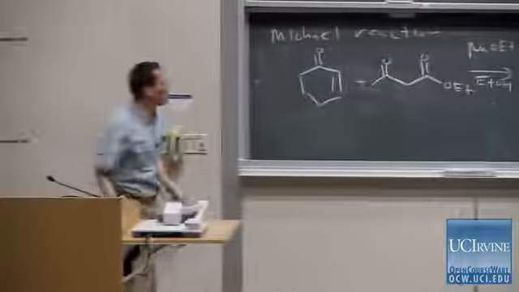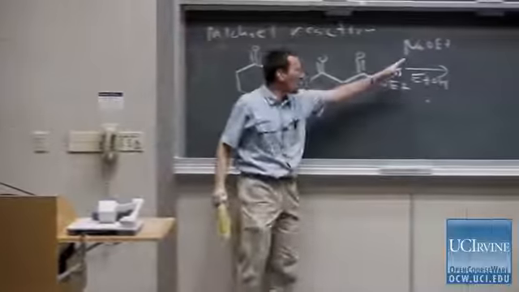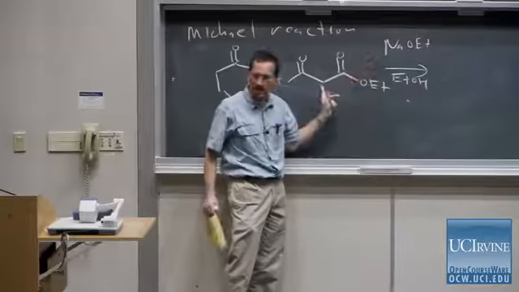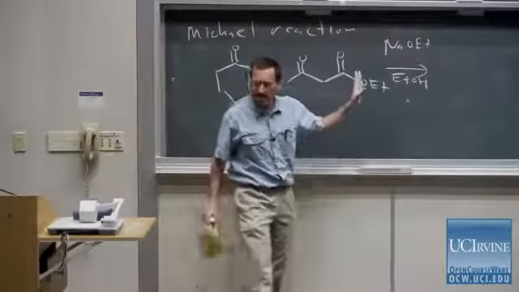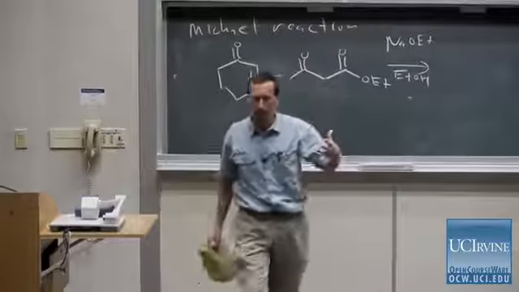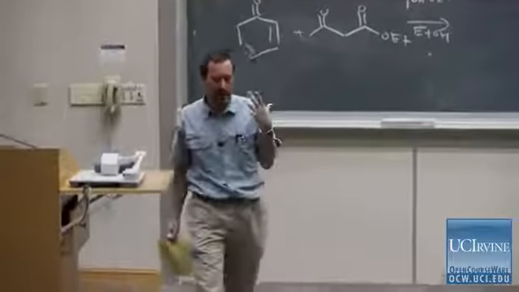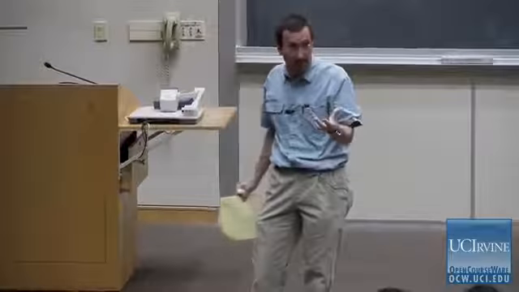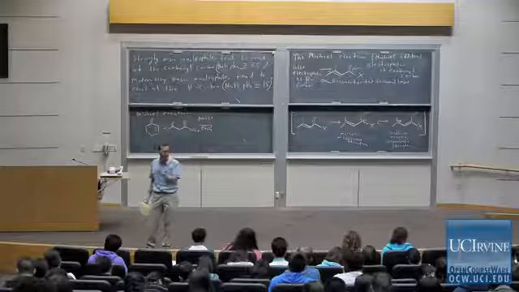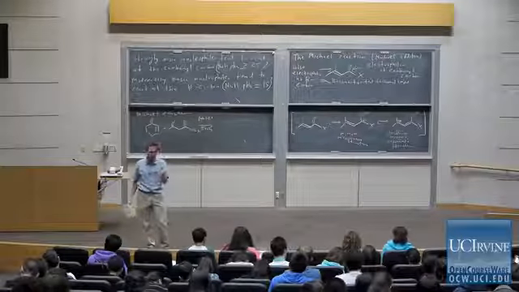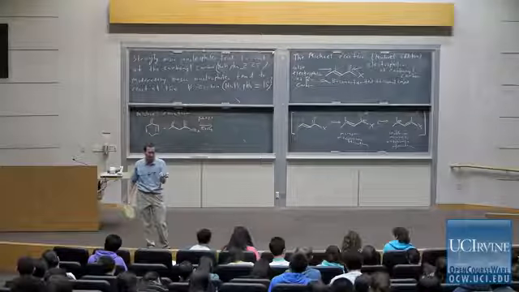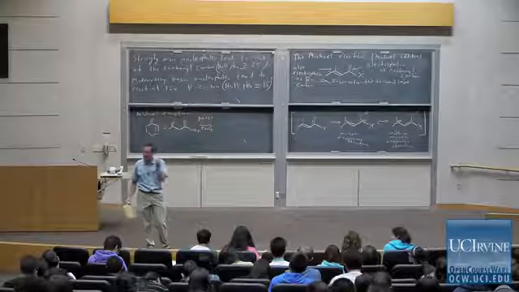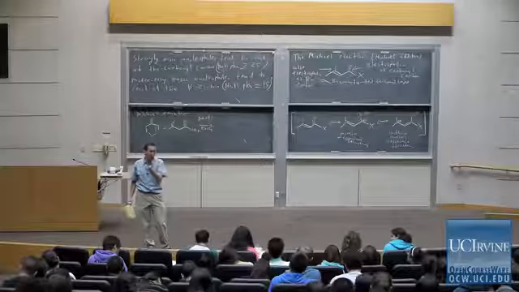I've chosen sodium ethoxide and ethanol because I want to generate the enolate. Sodium ethoxide is a good enough base to generate the enolate of a ketone or aldehyde, but it's specifically a good enough base to quantitatively deprotonate ethyl acetoacetate. Remember, pKa of about 11 for ethyl acetoacetate, pKa of about 16 for ethanol.